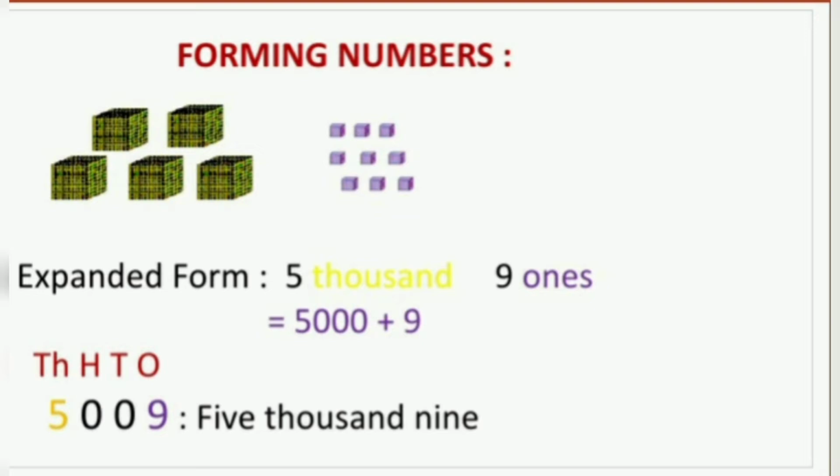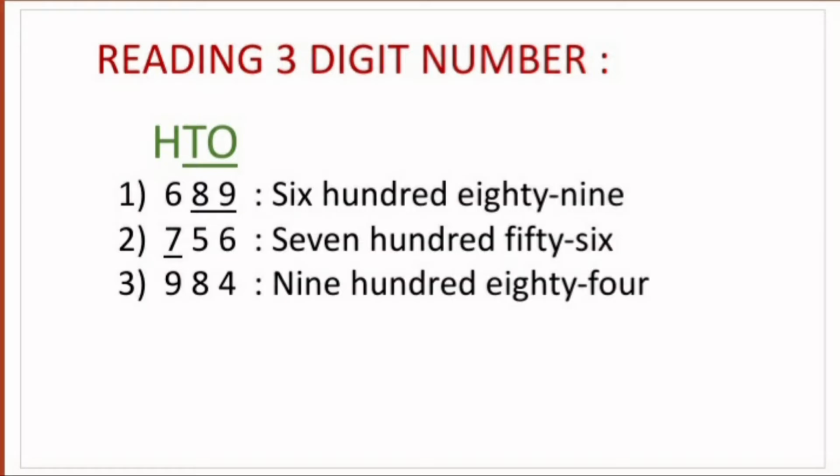No hundreds you can see, and no tens also. No slabs, no sticks. So for both the places, we have written 0, 0. And how many thousands do you see here? 5 thousands. So it's written here 5. And how will you read the number? That is 5009.